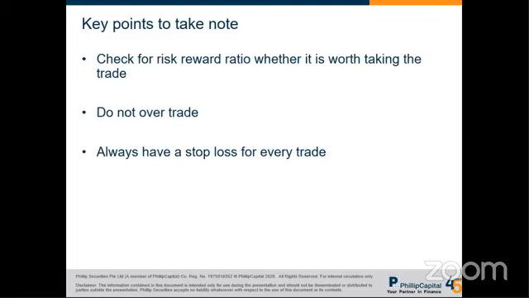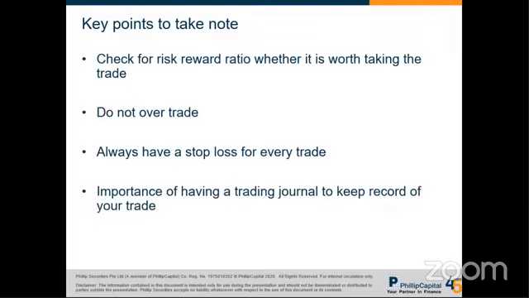Always have a stop loss for every trade. It's also very important to have a trading journal to keep a record of your trades. Why a trading journal is important is that, let's say you keep track of all your last 10 trades and you see that this trading strategy is not performing well.